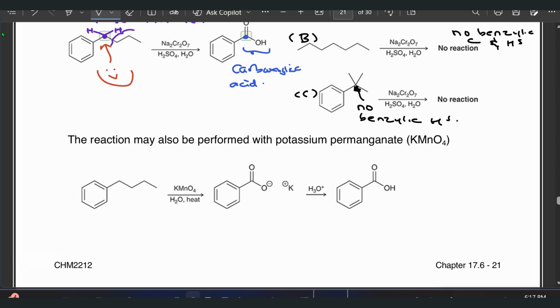The reaction may be performed with potassium permanganate. Growing up, I think in the 90s, being a teenager then, tooth pain medicine was not much available. So my mom would take this, and they are purple crystals.